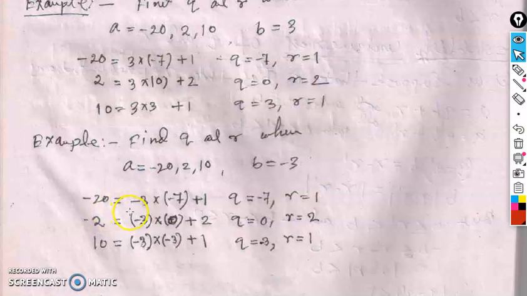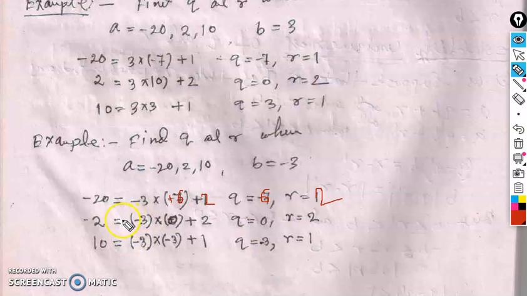Here is a mistake in the result, so when we divide, the result should be 7, and the remainder should be 3. Okay, so here the result should be 7 and the remainder should be 3.